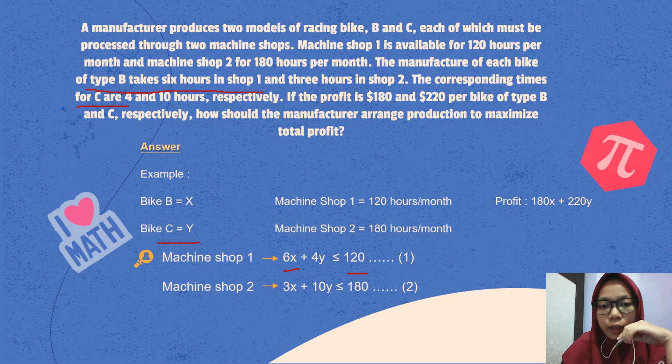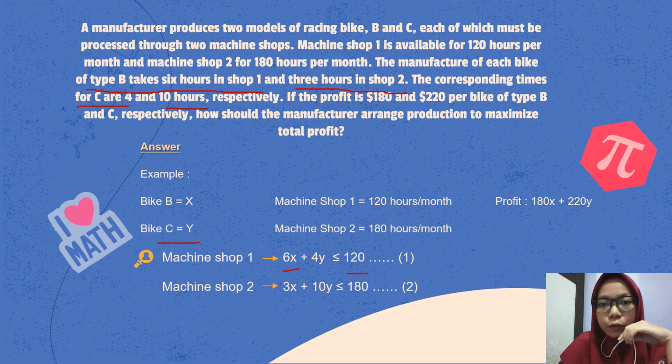And then equation 2 is from Machine Shop 2. 3x is from this 3 hours in Shop 2. And then for C it is 10 hours. So equation 2 is 3x plus 10y is less than or equal to 180.